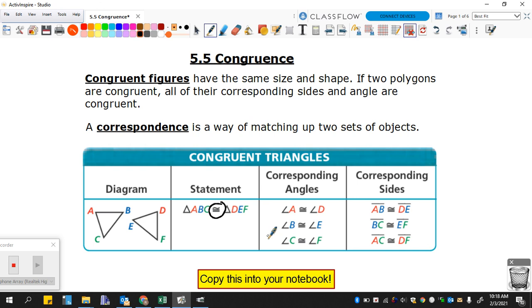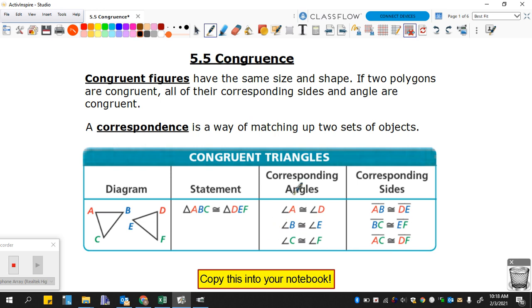It also means that the first letter of ABC, which is A, corresponds with D, or A is congruent to D. B corresponds with E, and C corresponds with F. So those are the angles.